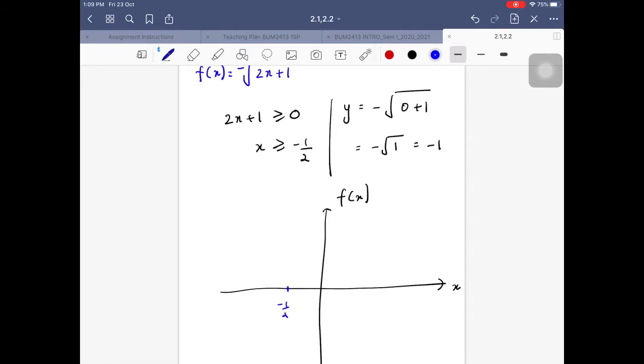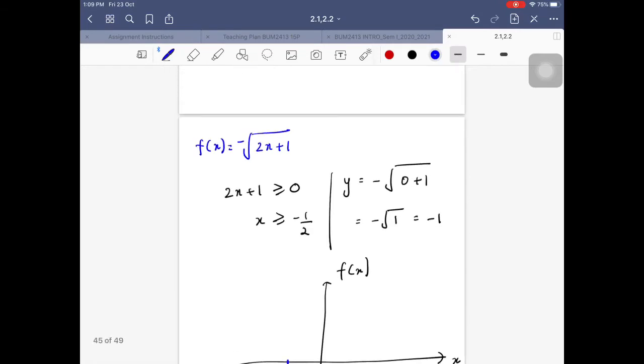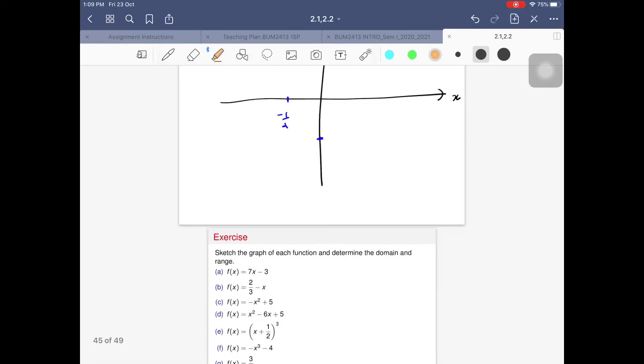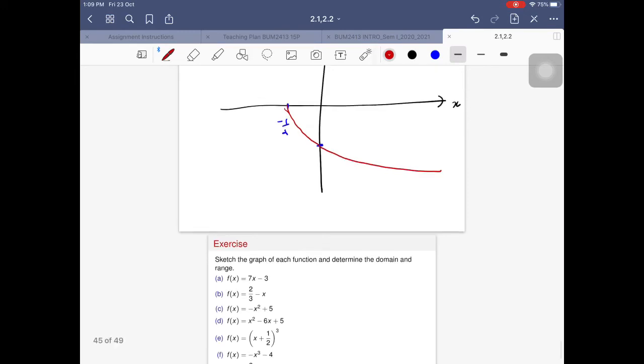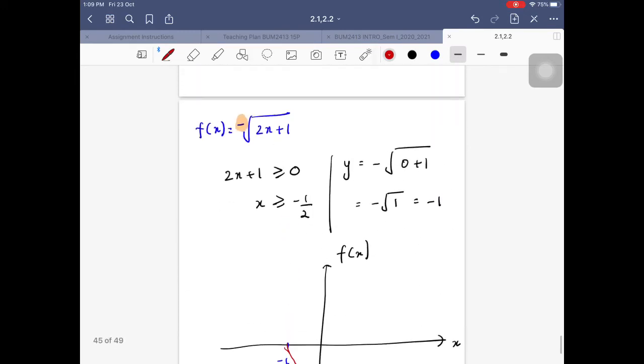My x is going to start at x equal -1/2. Let's assume it's going to be somewhere over here, and it's going to cross at 0, -1. So 0, -1 is going to be down here. This is the case because of the negative right here, so the function is going to be under the x-axis. So this is how the graph is going to look like. You only need these two elements, and that's it.